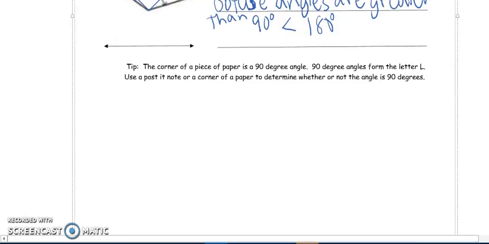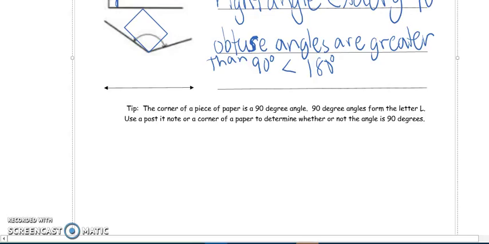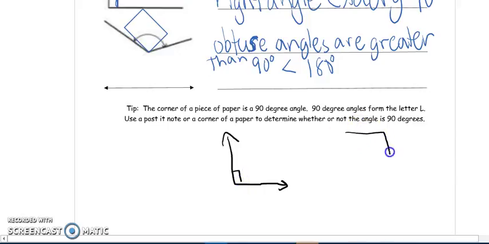So here's a tip. Putting the piece of paper at the corner is always a right angle. If you put that into an angle that you're trying to measure, you will see if it is acute, obtuse, or a right angle. Also, 90-degree angles should make the letter L. So a right angle forms the capital letter L. Maybe it's upside down sometimes.